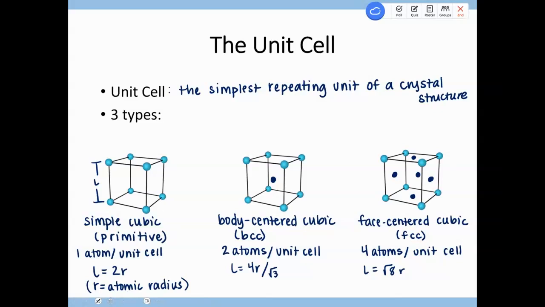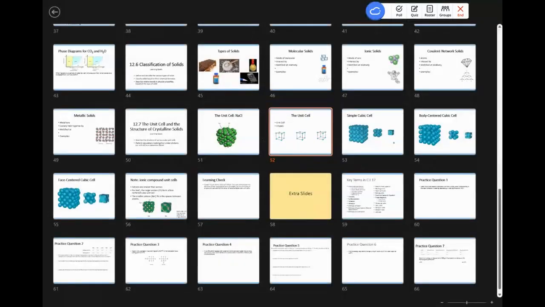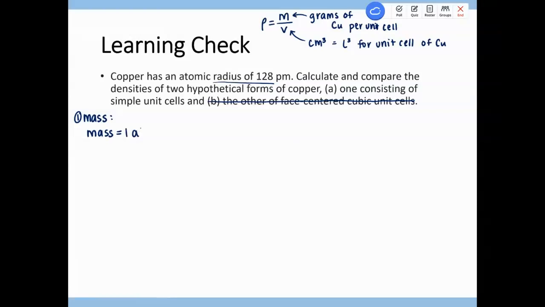So we'll use that to then get to grams. So let's start with 1 atom per unit cell. And then discuss with people around you, how can we go from 1 atom per unit cell to the mass of copper in the unit cell?